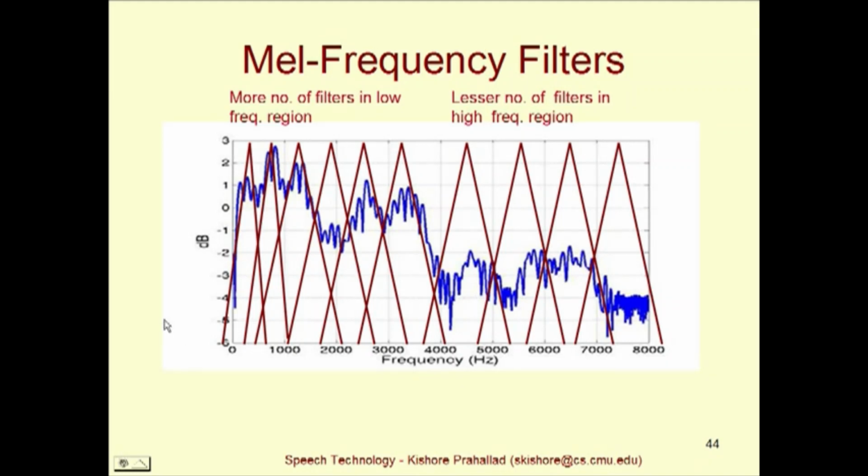The scale which tells you where to place each filter is called the Mel scale. For the time being, just stick to the basic part: Mel frequency filters are non-uniformly spaced on the frequency axis to simulate human ear properties.